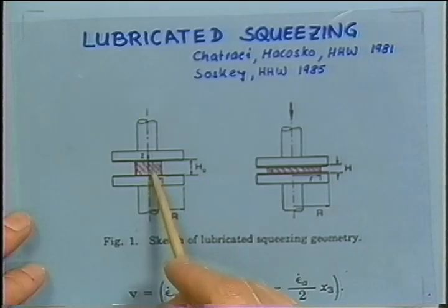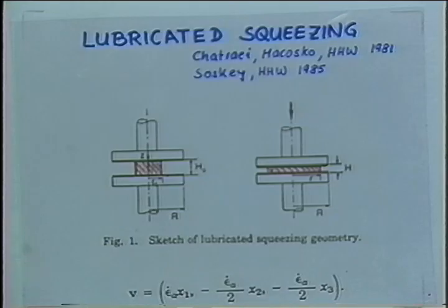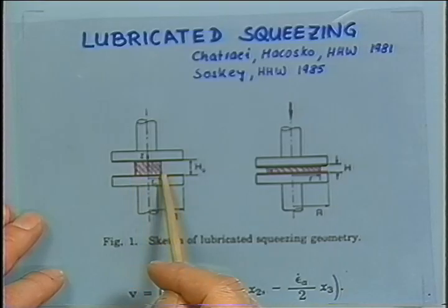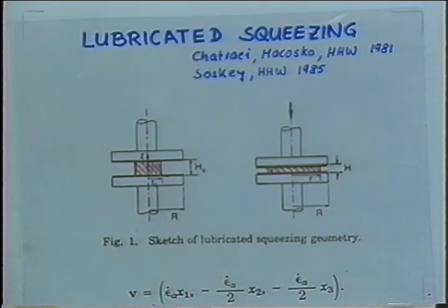So the stress transferred on this surface is mostly normal stress. The shear stress is negligible compared to the normal stress. So at this surface, we only have normal stress, and we could say this is a principal surface. It's a surface where the traction is normal.